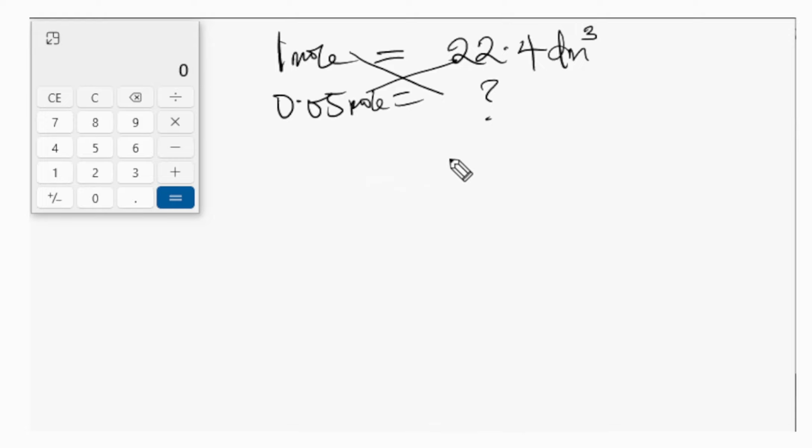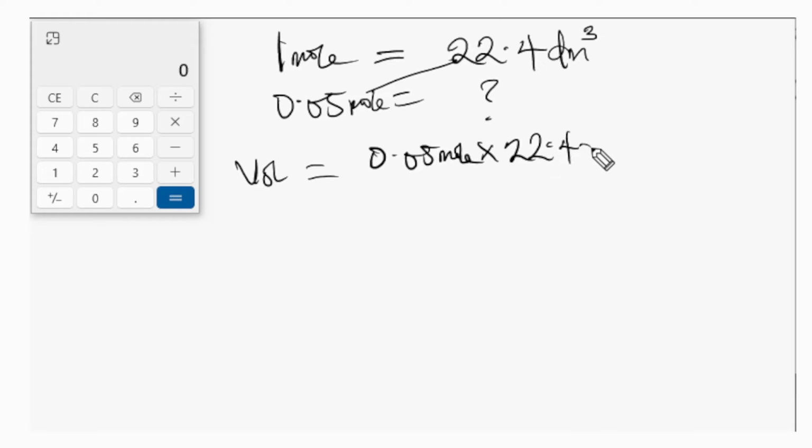So to get the volume, that will be 0.05 mole times 22.4 dm cube over 1 mole. So guys, we're going to punch this on our calculator.